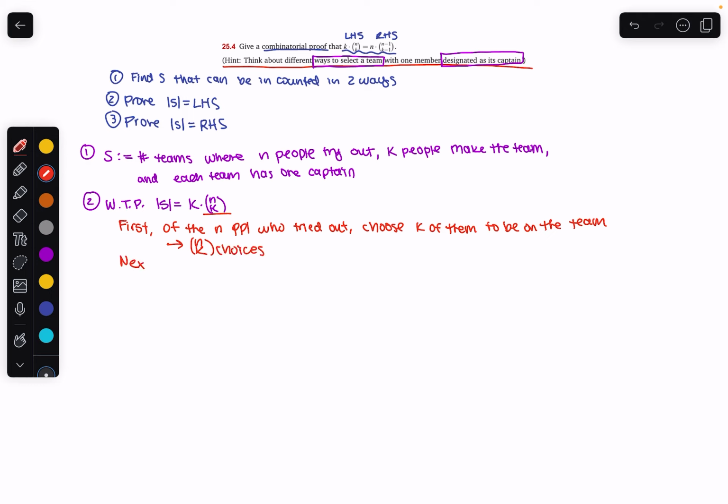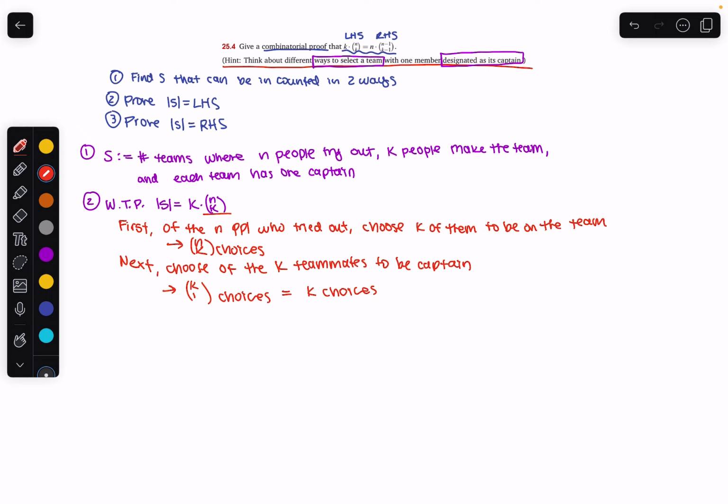And then next, once we have our team, choose one of the teammates, and there are k of them, to be captain. Now, we could be really detailed and say that there are k choose 1 choices, but we know that's really just equal to k choices.